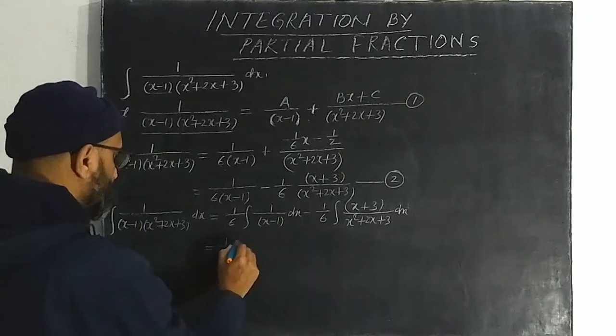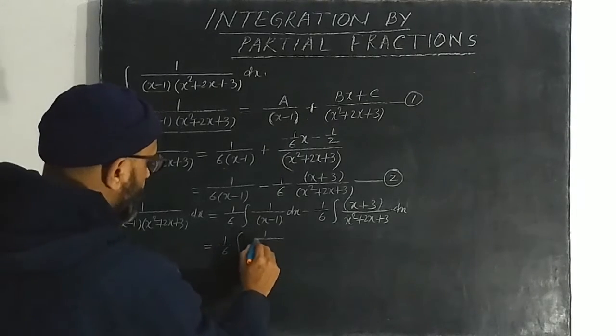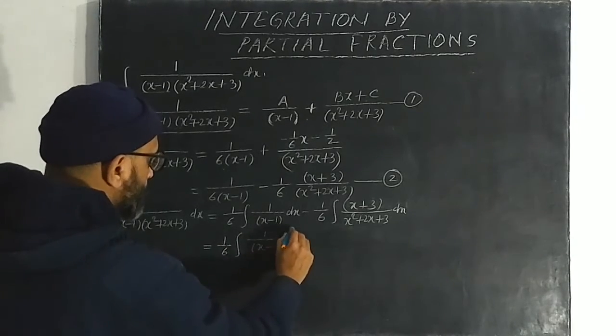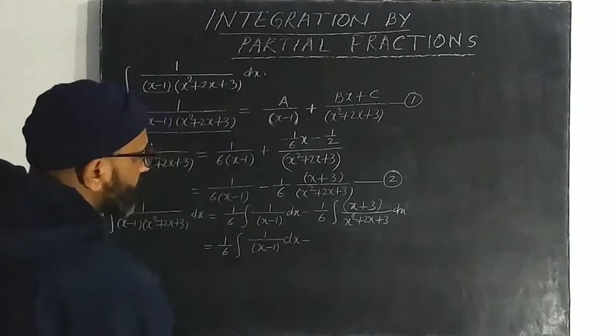So 1 upon 6 integral 1 upon x minus 1 as it is, because it is integrable now.